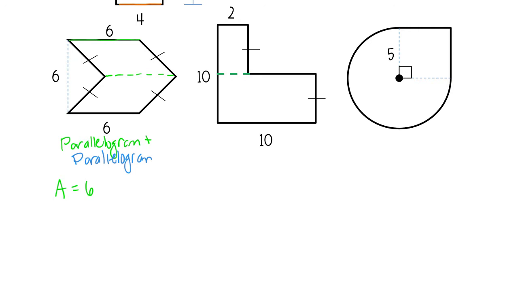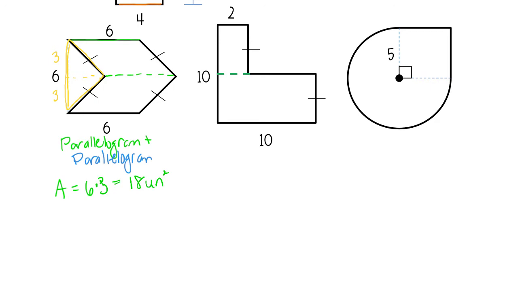Let's look at this triangle here. This is an isosceles triangle that's made up right here. That means this line splits this side right down the center. So each of these lengths is 3. So the height of our parallelogram is 3. So that area is 18 units squared.